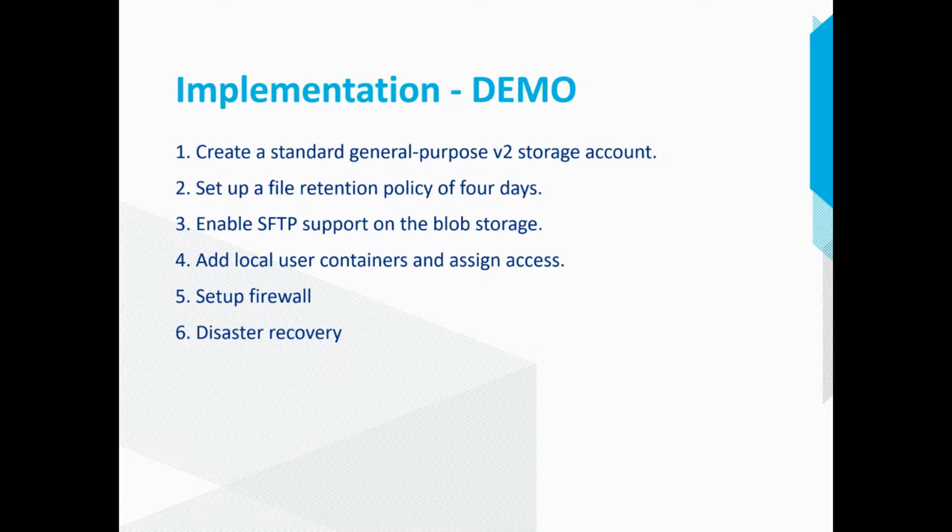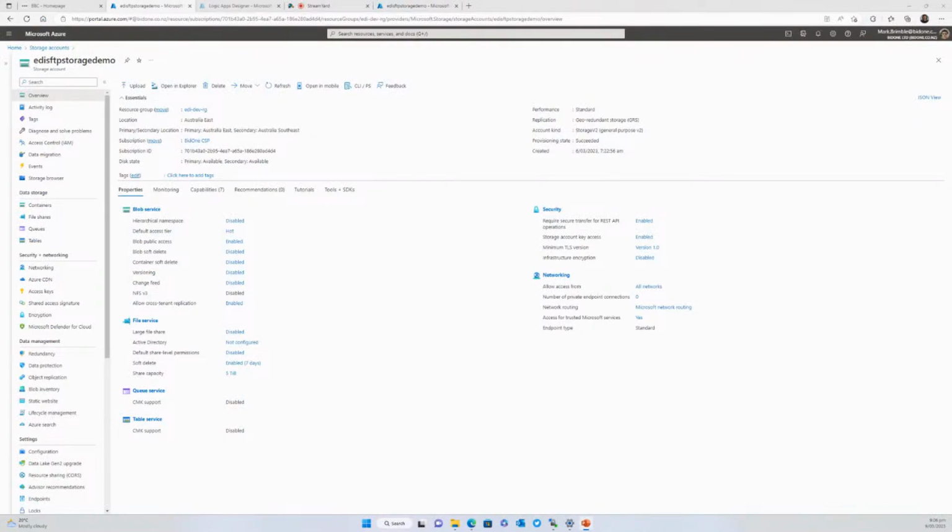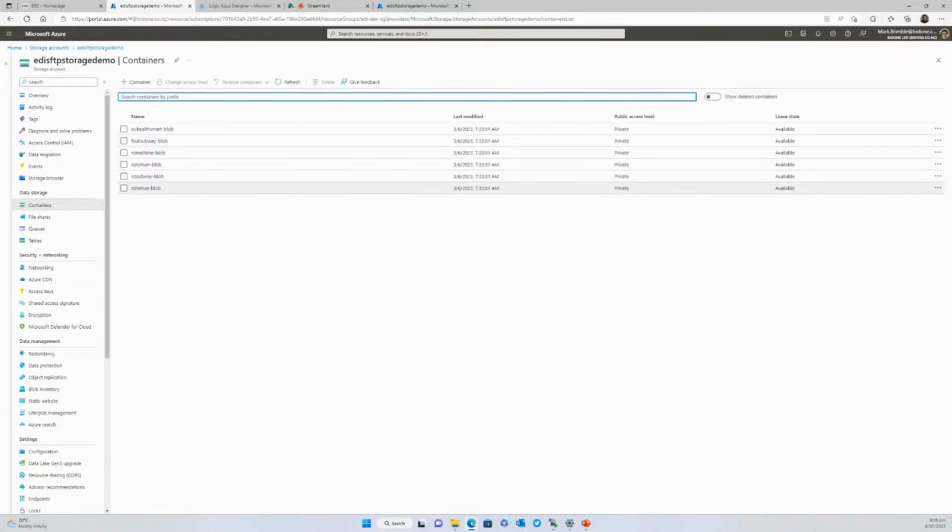So let's just move on to the demo. So it's just a setup of preliminaries. And you'll see here, this is on the screen, you should now see a demo storage account that I've set up. You'll notice that it's just a storage V2. If you look at the containers, when I did the DevOps of this, I set up some blobs.